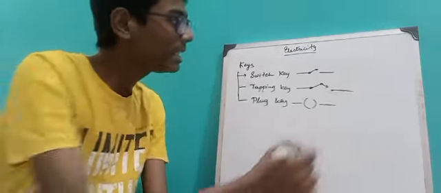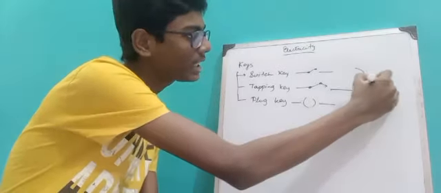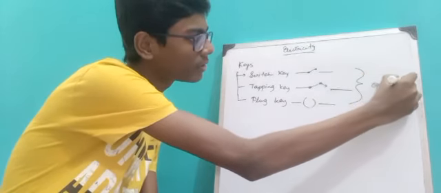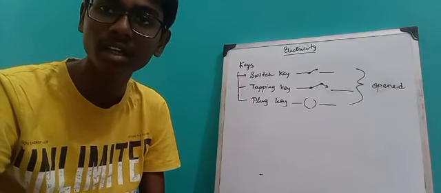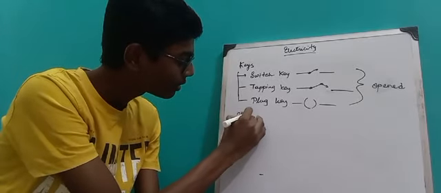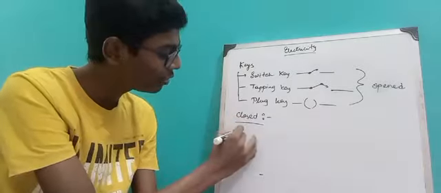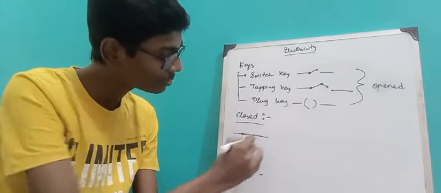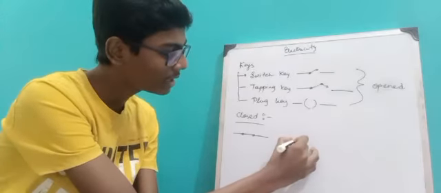But these are all for when the keys are open, that means the electricity supply is cut. Now if we want to draw closed ones, in case of the switch key we draw like this, and in case of your tapping key we draw like this.